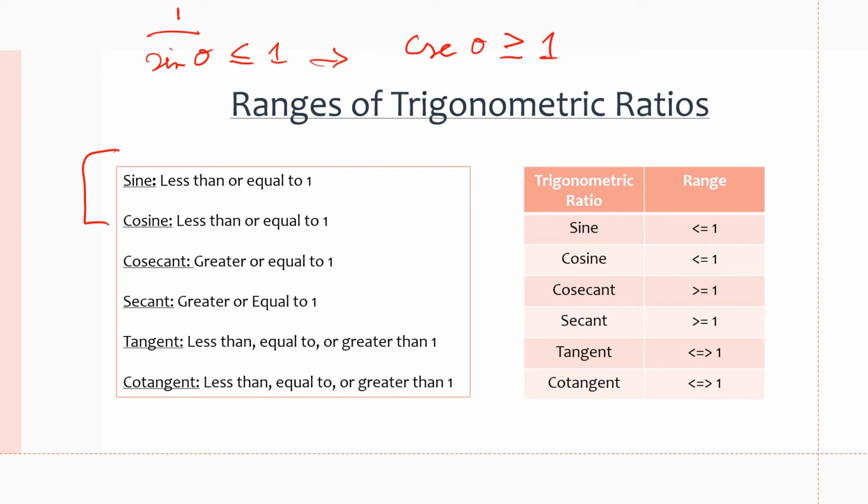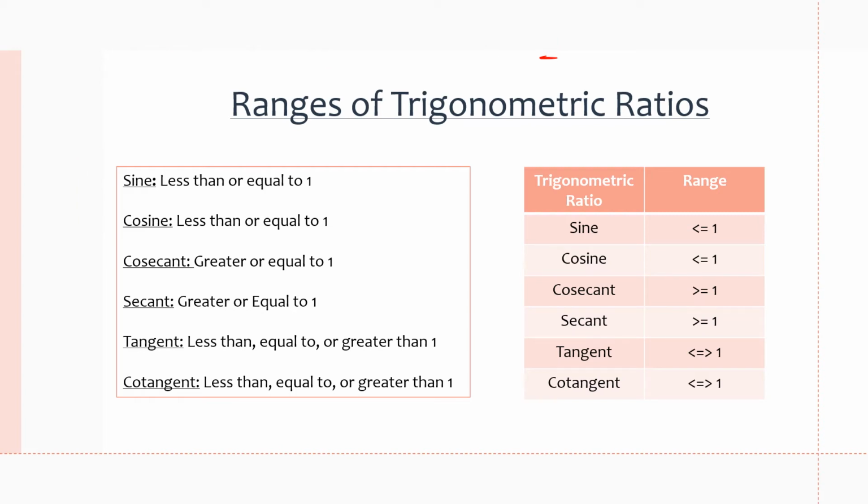Because if we have, for example, 0.1 in the denominator, it's going to make the whole number bigger. So cosecant and secant are going to be greater or equal to 1, which is exactly opposite of sine and cosine.